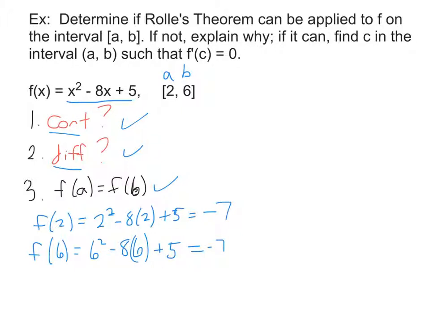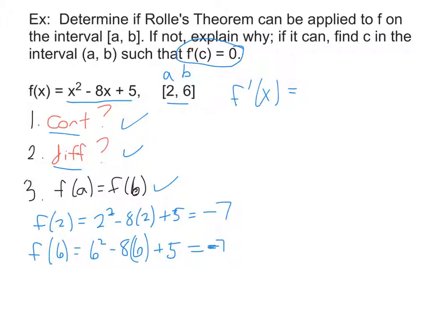But, okay, so now, all we've done so far is determine that, yes, we can use Rolle's theorem, so there is going to be some number in here that makes this true. Well, so let's find the derivative. The derivative is going to equal 0 somewhere in between there. We're just going to have to find the derivative, set it equal to 0, and solve for x to figure out what that value is.